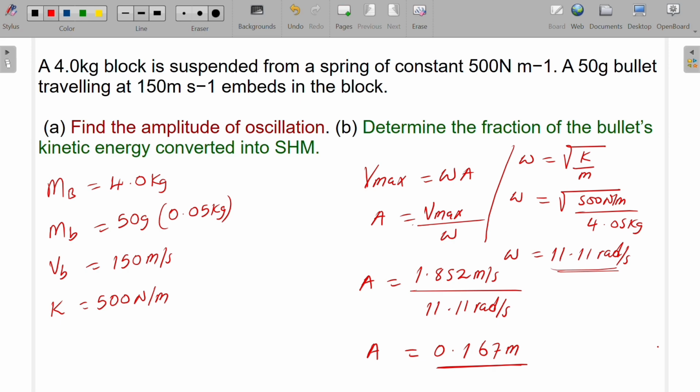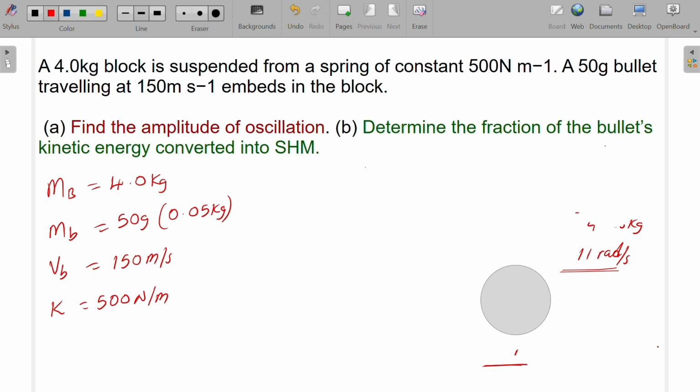Now, this is one way we can find it. We can also use a different way. Let me quickly show you another way we can find this amplitude. All right, so let's do that. We can use another method, which is basically using the energy.